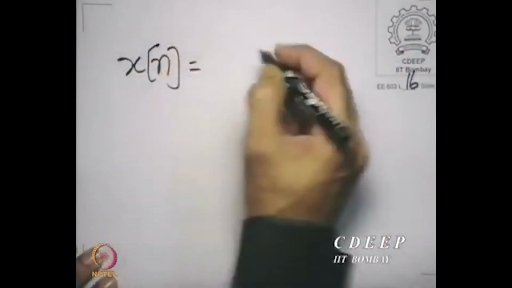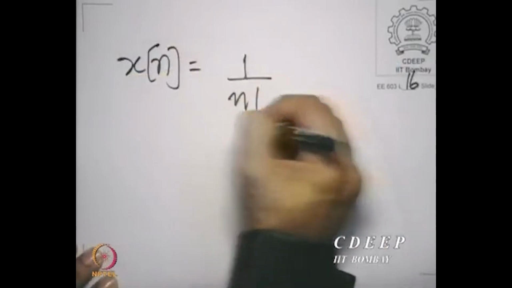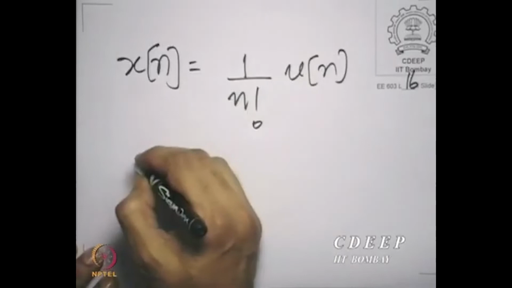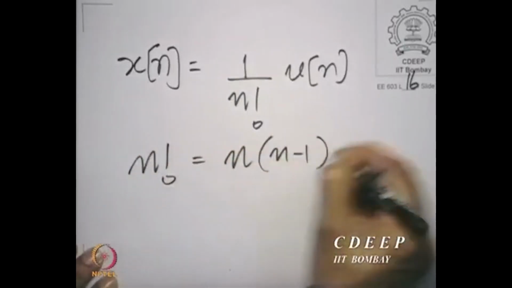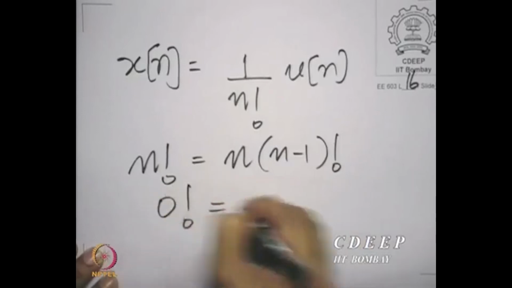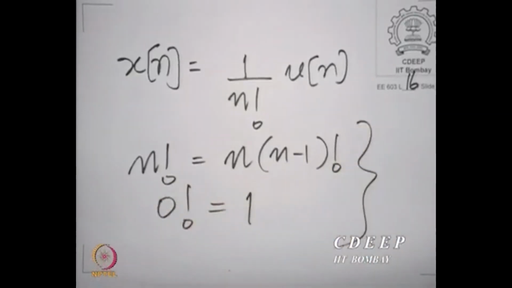In fact, it turns out that this sequence x[n] would simply be 1 by n factorial u[n], where n factorial has been defined already, and u[n] is the unit step.